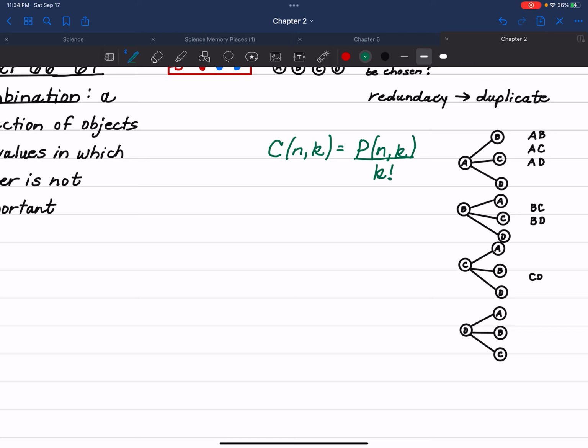I will agree that it looks horrible. And yes, the calculator will do it for you. But let me show you what this formula means, how it's derived and what all of that means. So C is going to be the number of combinations. So in our question, that is 6.